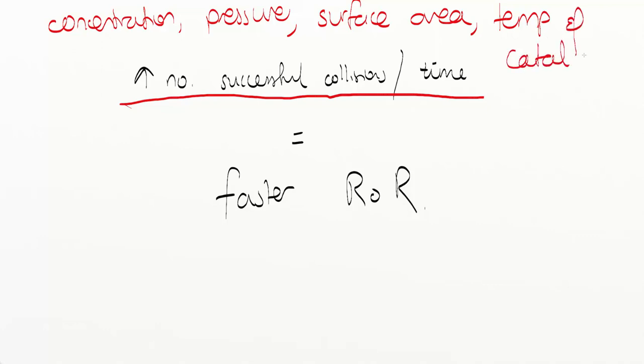When we change these, they affect the rate of reaction by affecting the number of successful collisions per unit time.